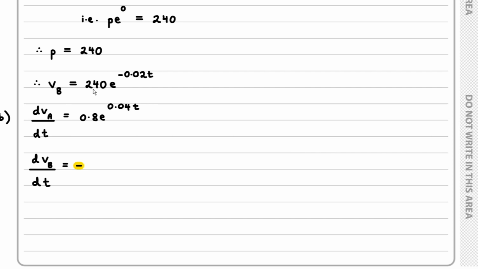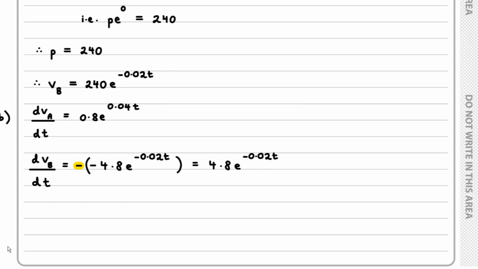So if I differentiate 240e to the negative 0.02t, I end up with negative 4.8e to the negative 0.02t. And because we are concerned with the rate of decrease, we multiply this by negative 1, and therefore dVB over dt will equal 4.8e to the negative 0.02t.